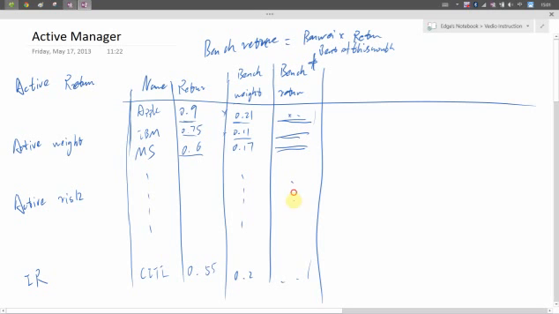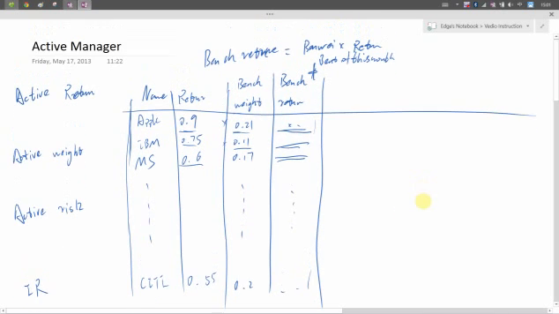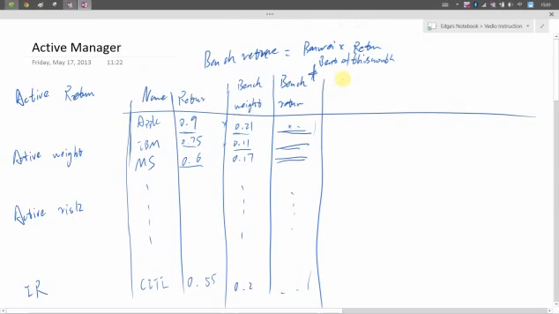Then let's talk a little bit about the portfolio return and portfolio weight.